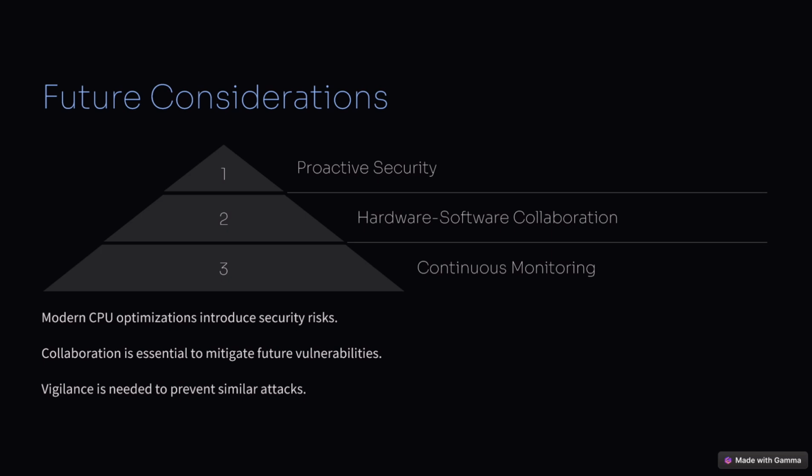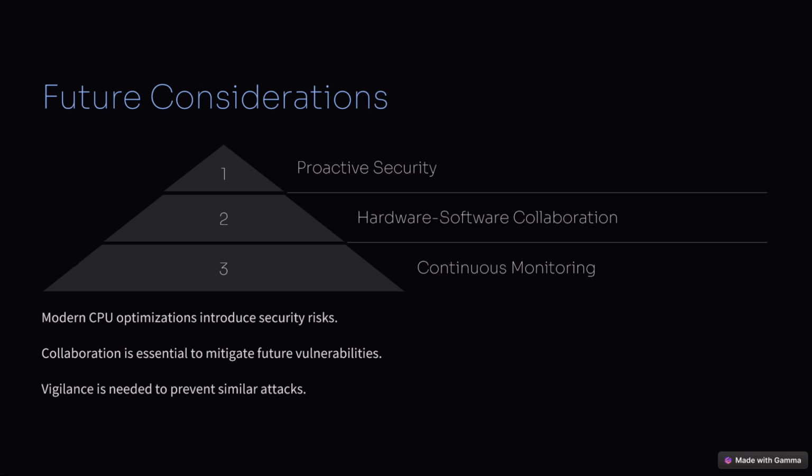Second, hardware-software collaboration, ensuring that security features are built into both hardware and software. The third, continuous monitoring, staying ahead of emerging threats to prevent similar vulnerabilities in the future. It must be monitored continuously. As CPUs continue to evolve, balancing performance and security will remain a key challenge.